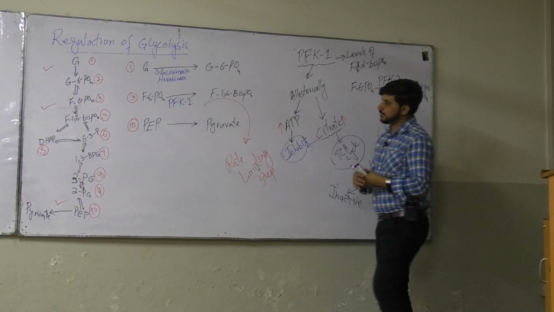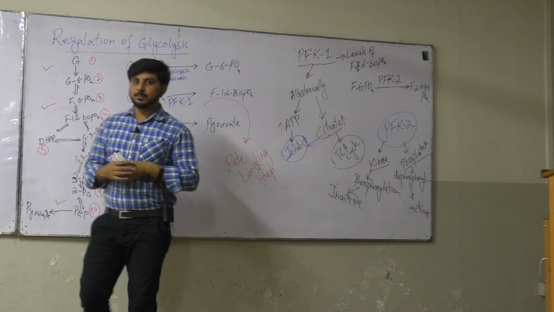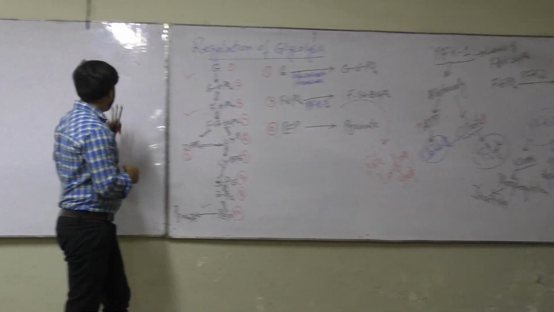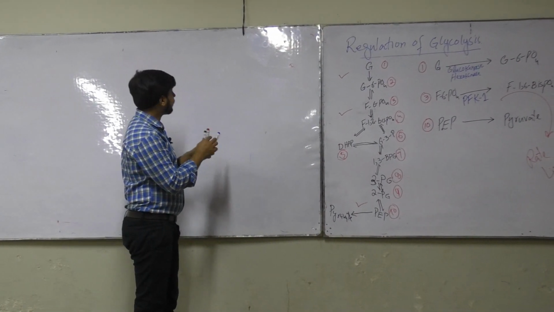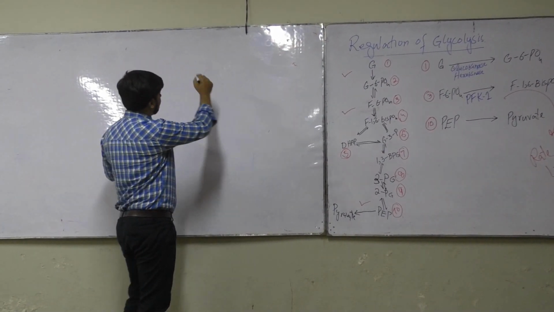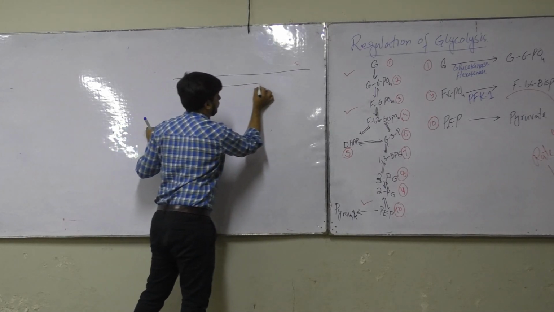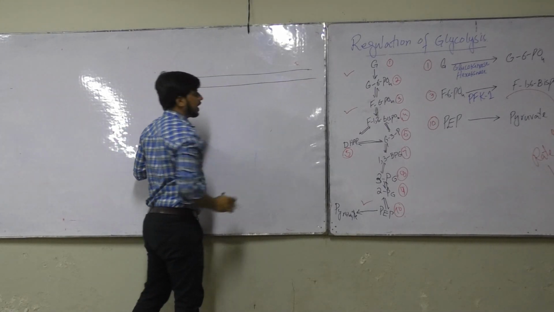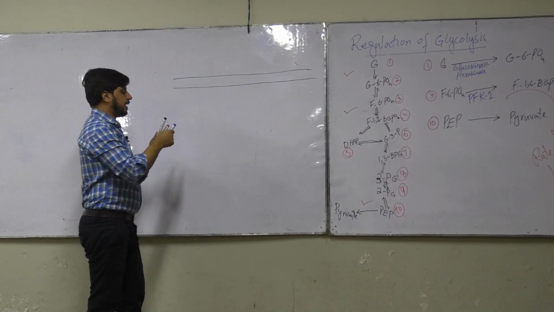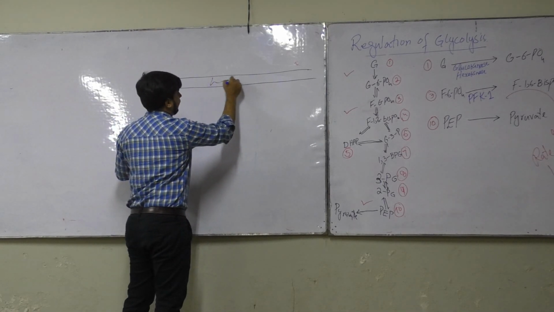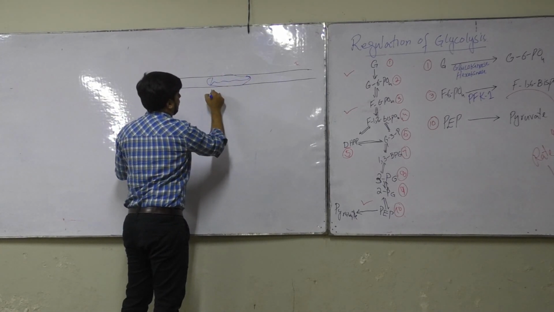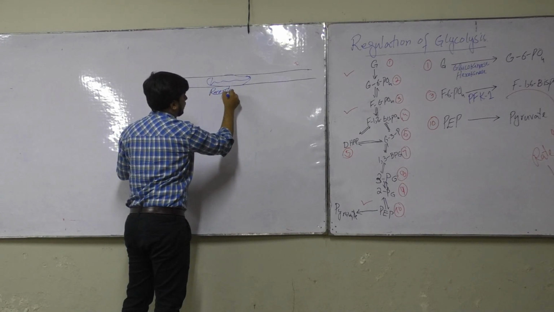The answer is, let me explain this with the help of a simple diagram. For example, this is the cell membrane, and we know very well that in the cell membrane we have receptors.